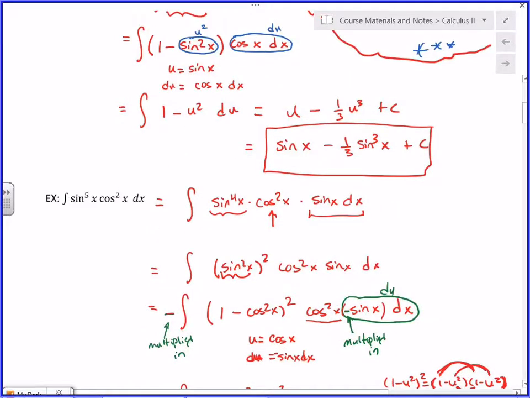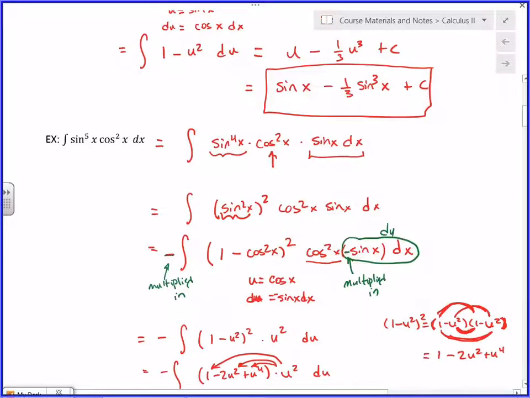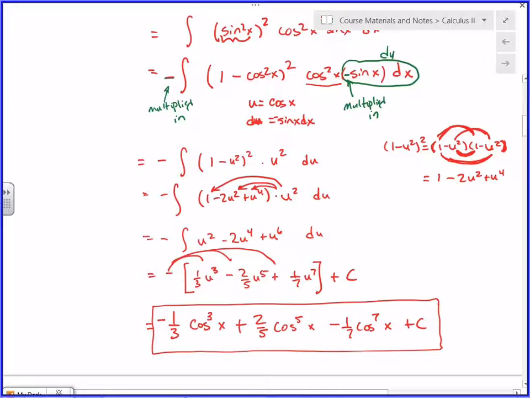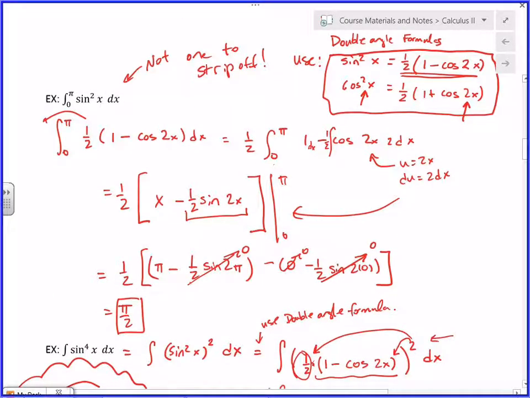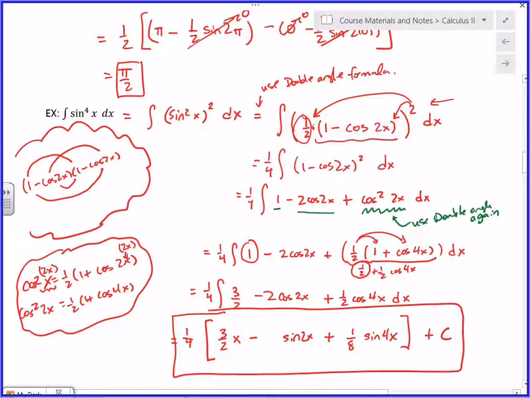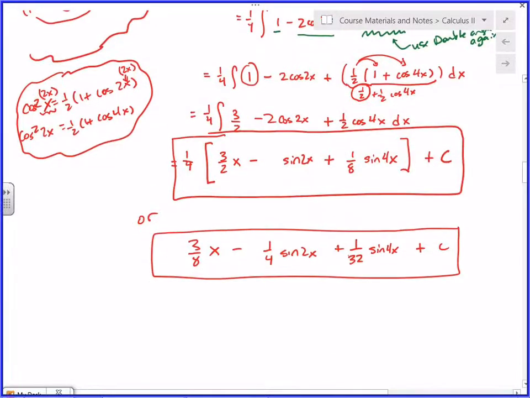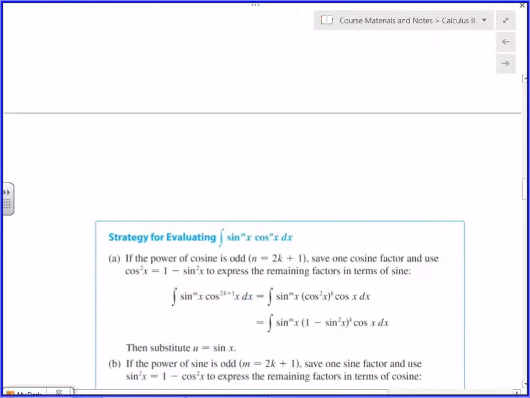You strip it off and then turn it into basically a polynomial in u. When there's an even power, you're going to have to apply the double angle formula until you don't have any powers. So we applied it twice. And that works for sines and cosines.